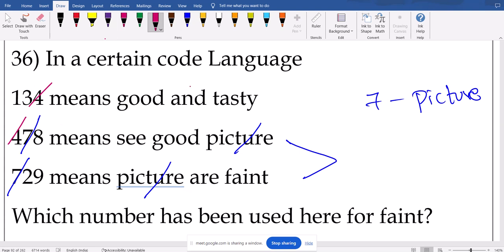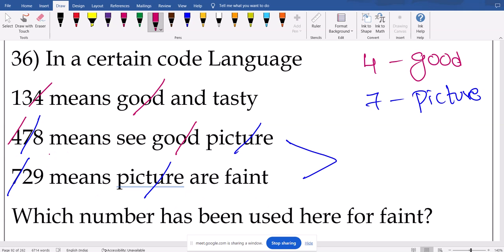Common word is good. Okay, 4 is good. Now listen, they are asking for faint, and there is no common thing. 2 and 9 do not exist anywhere. Guys, listen. Many people make a small mistake. Sir, here 7 is the first number, picture is the first one, faint is the last one, so 9 is the answer. Wrong.